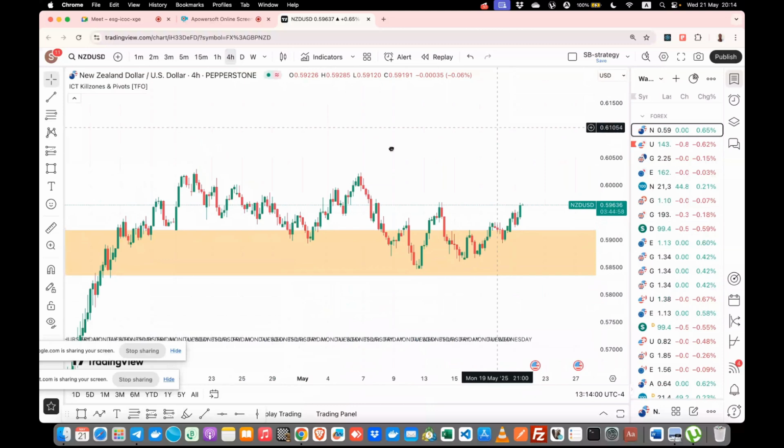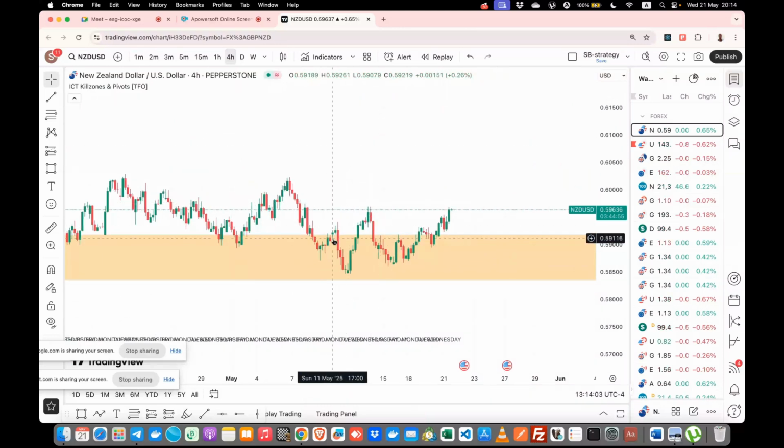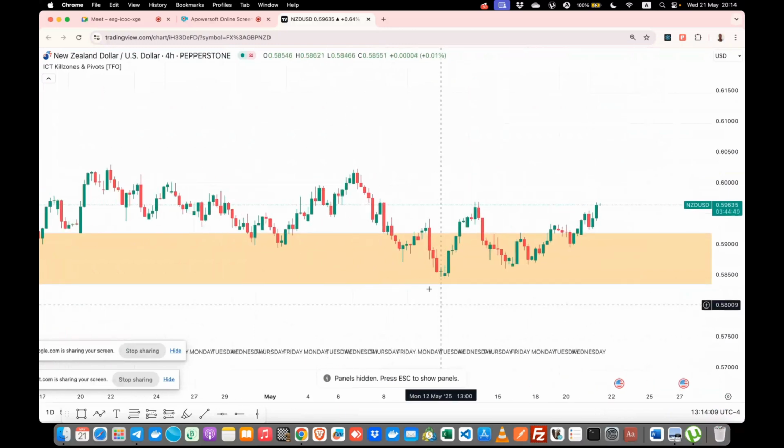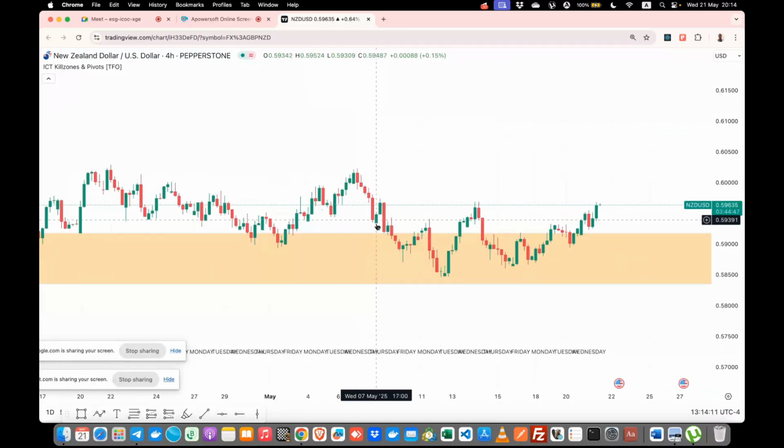Now when you move to the 4-hour, I want us to look at this price action here. At this point the market is making lower lows, lower highs, lower lows, lower highs, until we finally dip into our higher time frame key level.